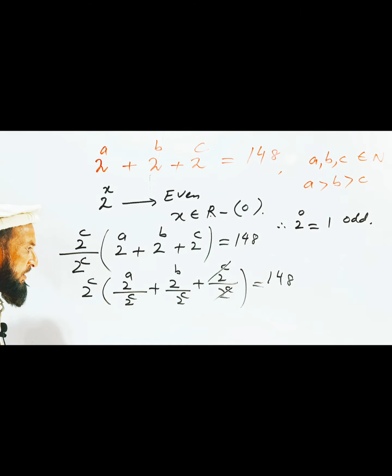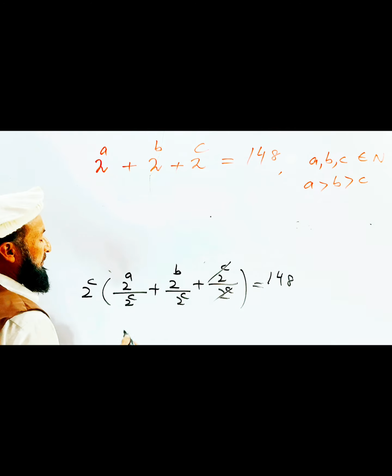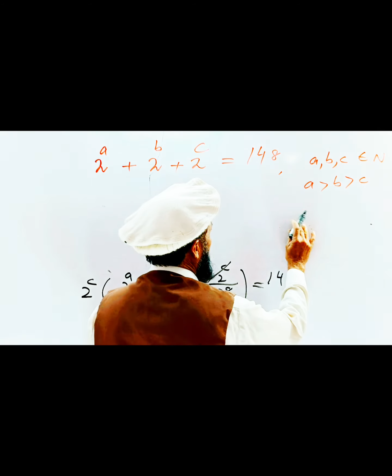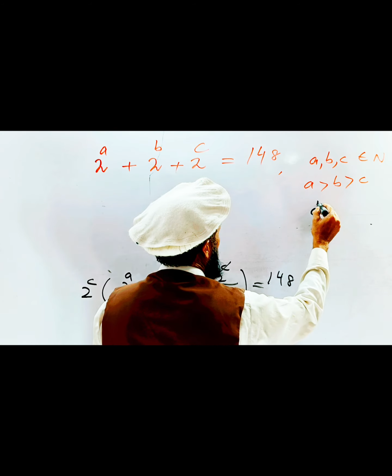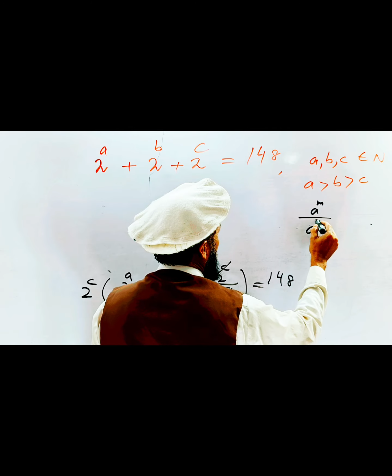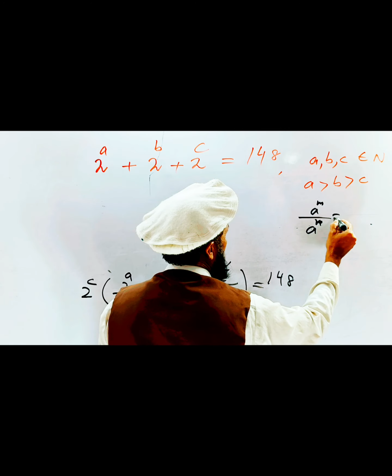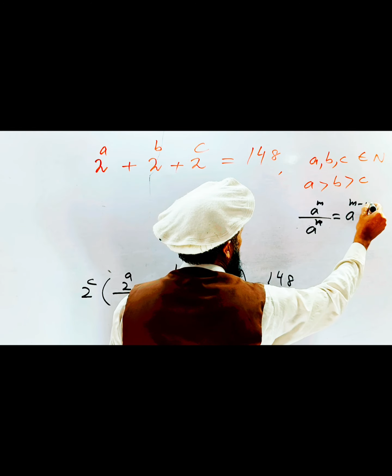We get 1. Exponent rule: when the bases are the same, we subtract the powers in the case of division, so we can write m minus n.